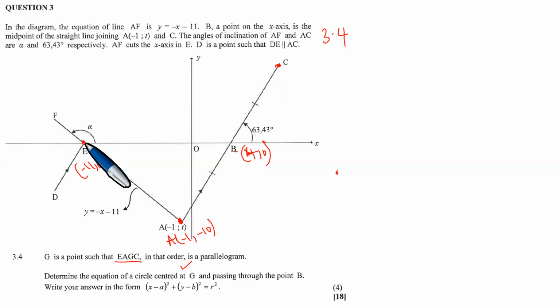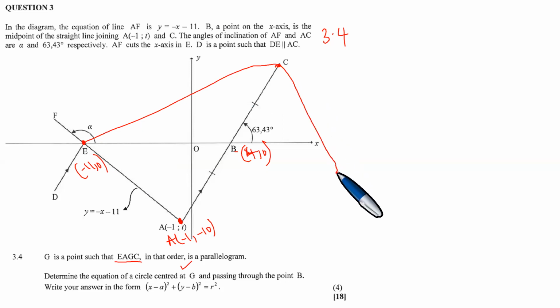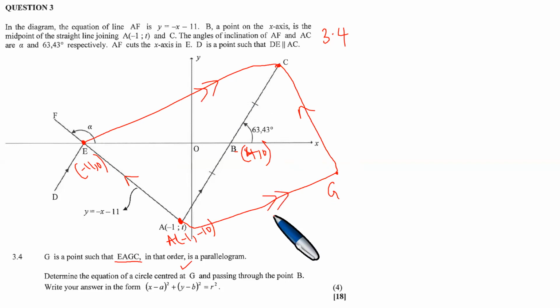So this one here goes here. Okay, this is not to scale, but it's sort of this kind of shape if G is here, and this becomes a parallelogram. Please forgive the diagram that is not to scale.